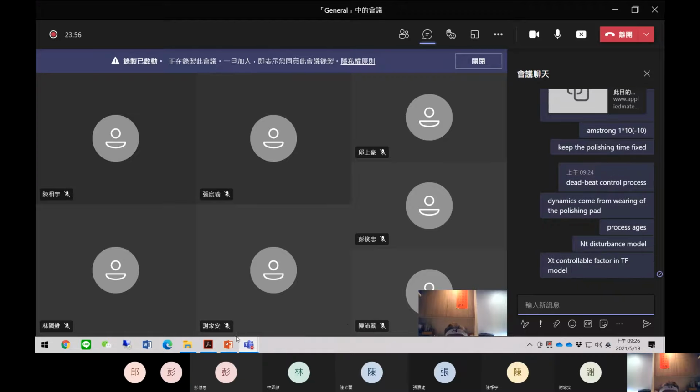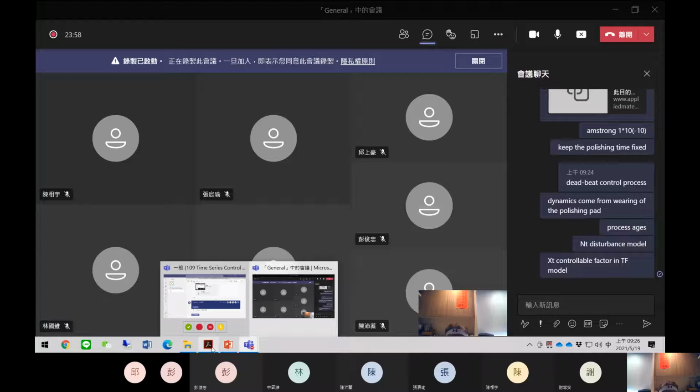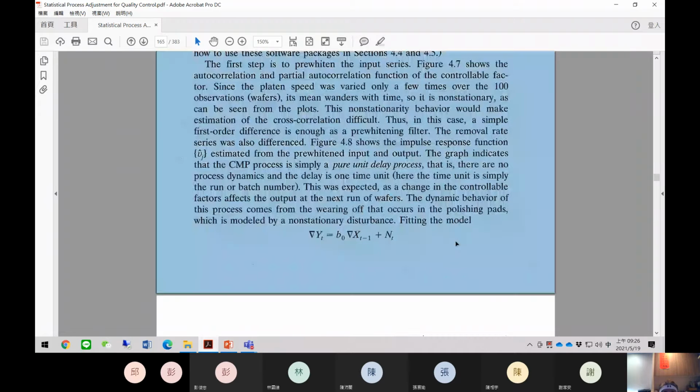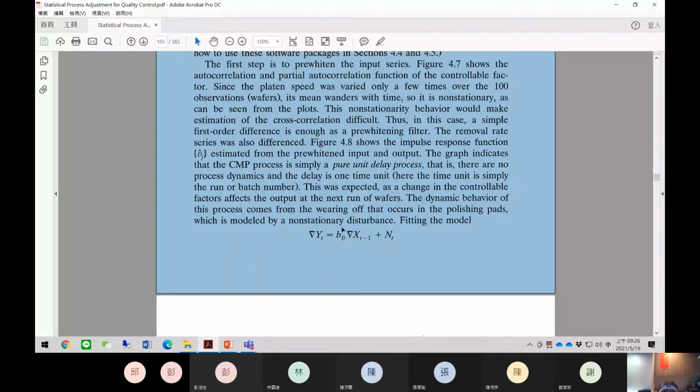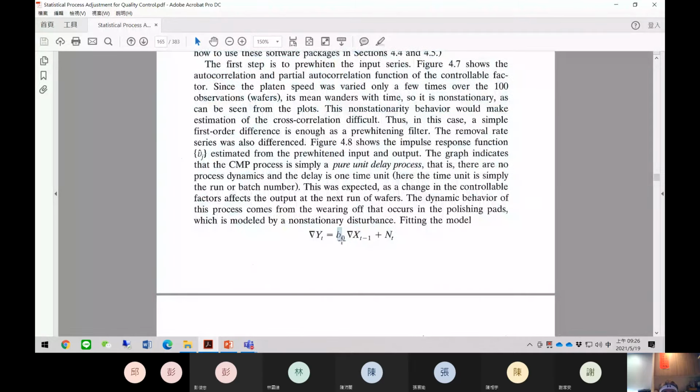Okay, the B here is the initial weight of the transfer function related to the controllable factor.